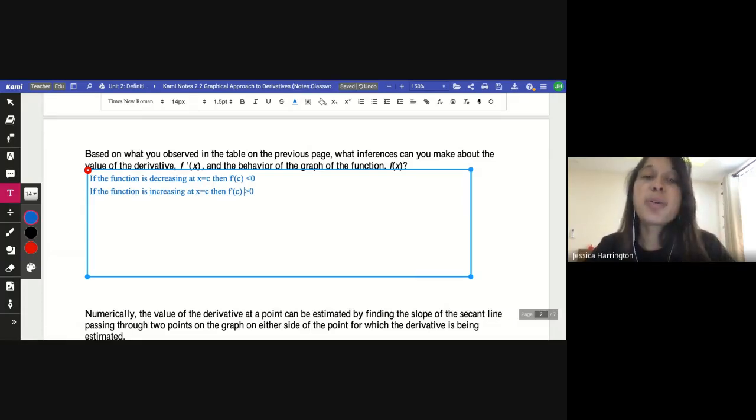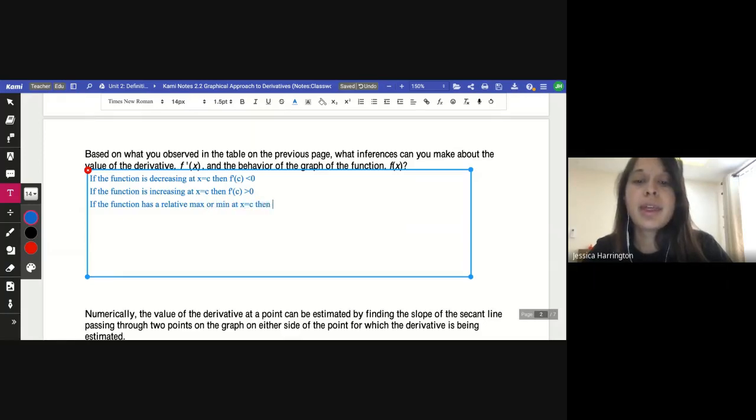All right, and then we also notice that if the function has a relative max or min at x equals c, then the derivative at c is 0, right? Because it's flat. The tangent line there is a horizontal line.